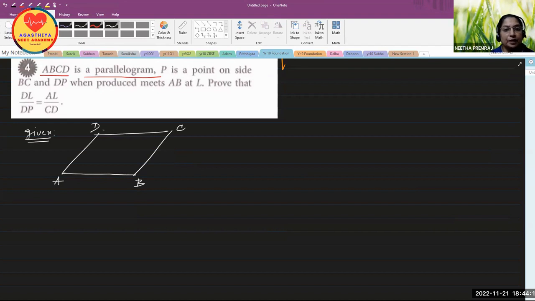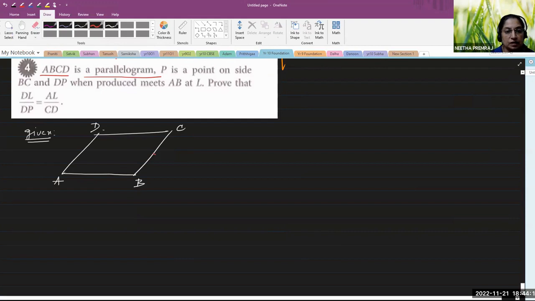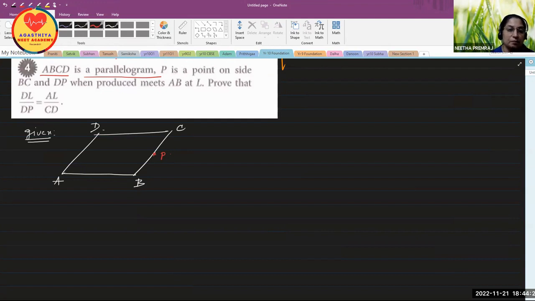Then P is a point on side BC, and DP when produced meets AB at L. BC and DP when produced.